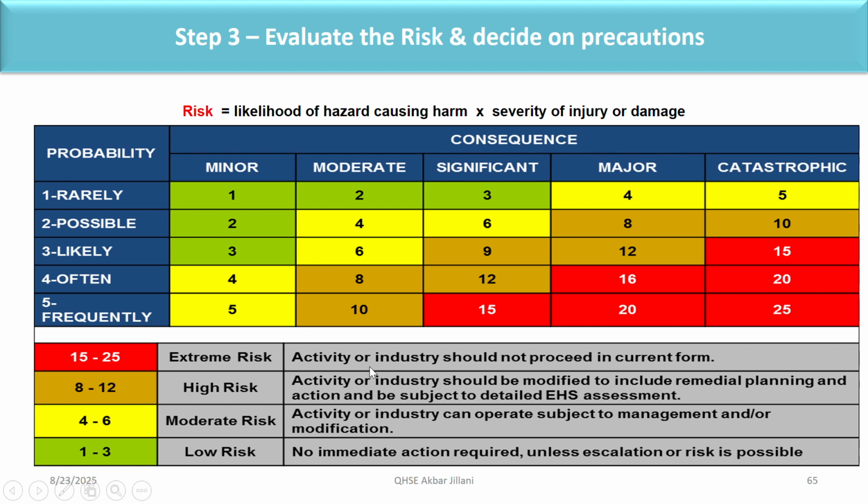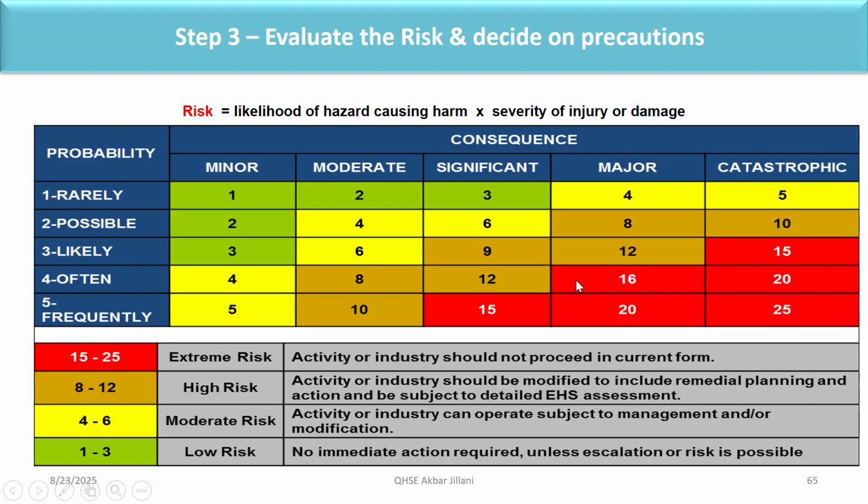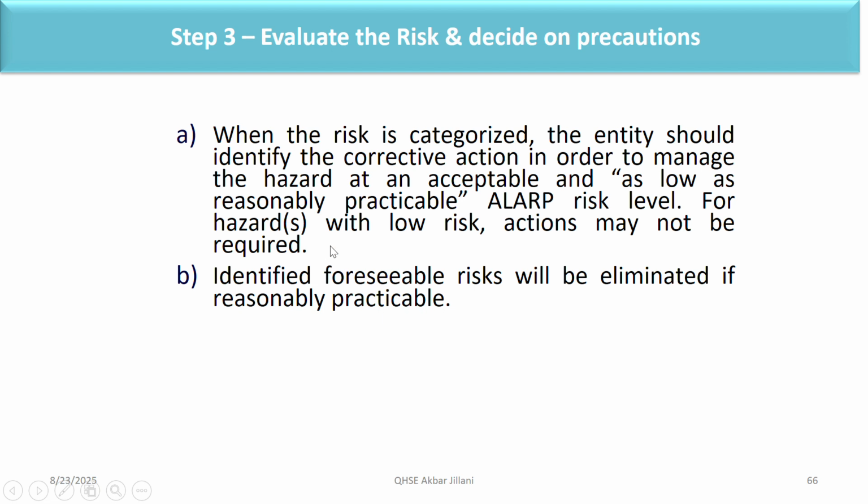Now 15 to 25: activity should not proceed in current form. Like if scaffold is not properly installed, not properly supervised, not inspected, we will not allow our guys to work. So this is extreme risk, we will stop the activity.